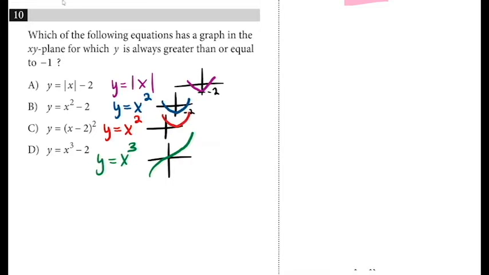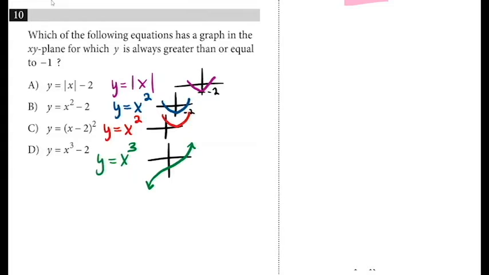The vertex for that one is going to be positive 2, 0, but it's still at a height of 0. For choice D, adding to the outside is a vertical shift, and vertical shifts are normal, so negative is down. So we're going to take this function and slide it down by something that looks like 2 spaces, but it really doesn't matter because the height of this function was going to go infinitely upward and infinitely downward anyway.